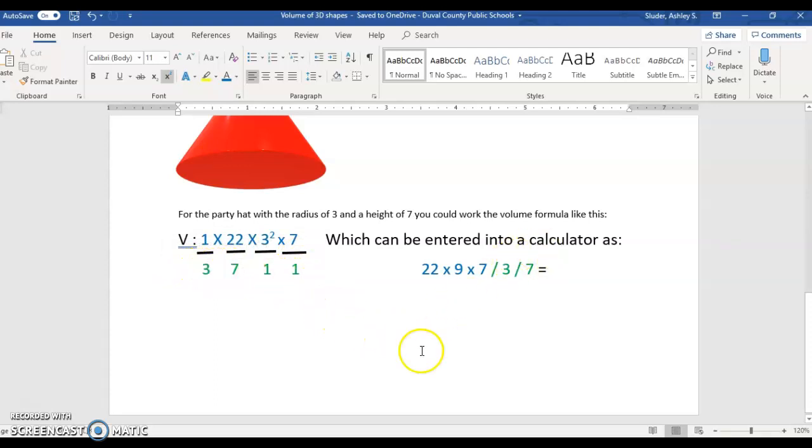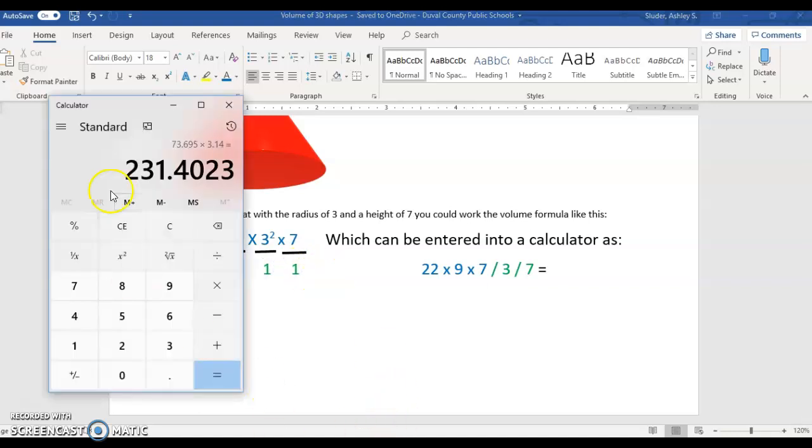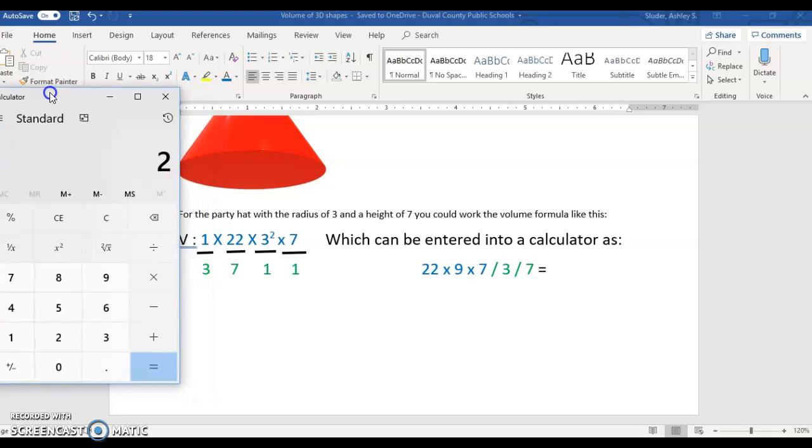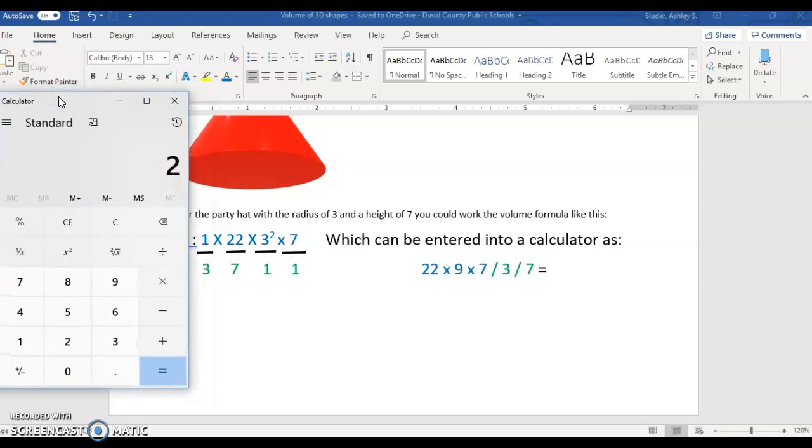So if I were to put it into my calculator, I would do 22 times 9 times 7. Notice I do not have to do times 1 because anything times 1 is itself. And I've already squared my radius. So I would do 22 times 9 times 7 divided by 3 divided by 7. Once again, I did not put in the ones because it stays the same. Let's try it. All right. I'm skipping the 1 in my numerator for the 1/3.